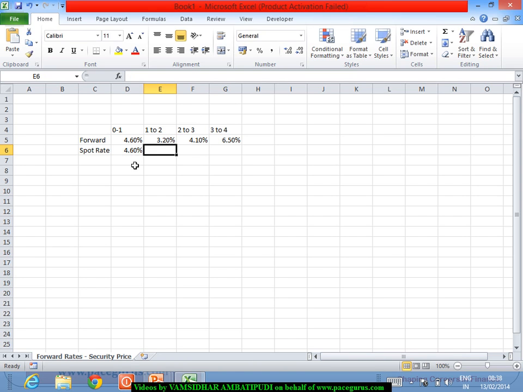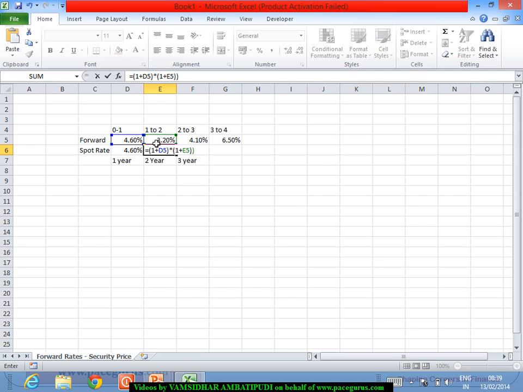the spot rates always go as 0 to 1, 0 to 2, or probably it's a 1-year spot rate. The 2-year spot rate means it includes 0 to 1 as well as 1 to 2. The 3-year spot rate includes 0 to 1, 1 to 2, 2 to 3. So here it comes out as 1 plus the 1-year forward multiplied by 1 plus the 2-year forward.